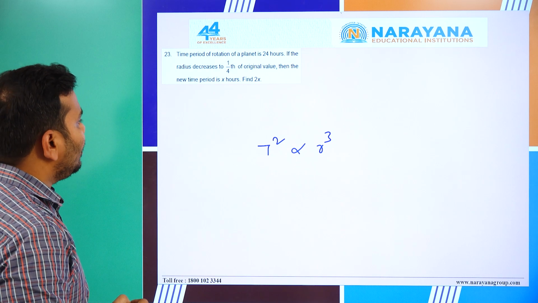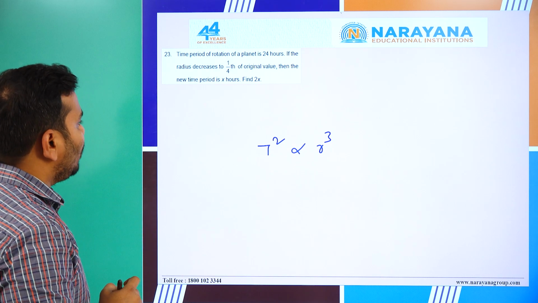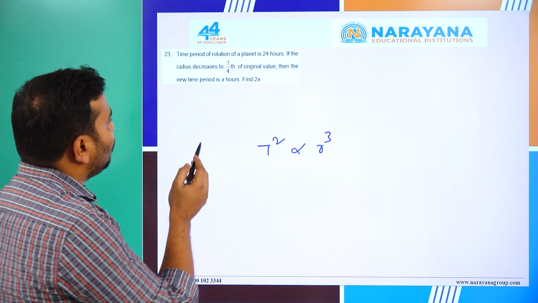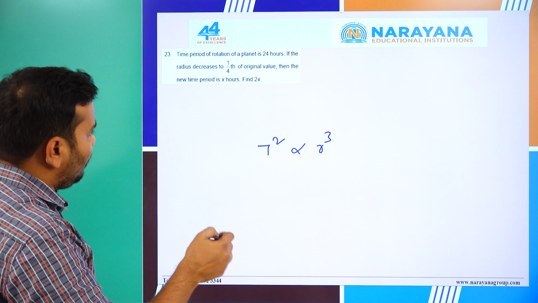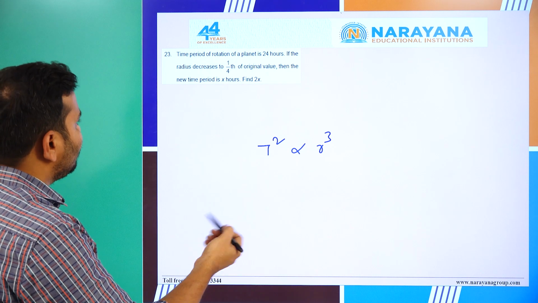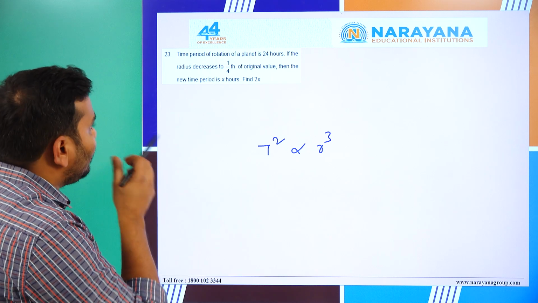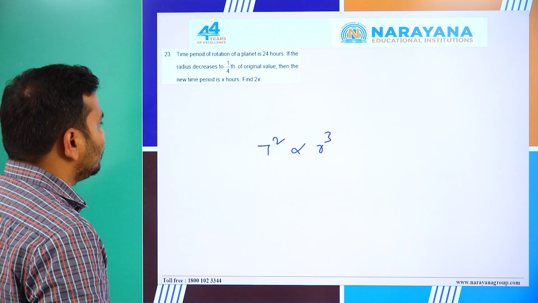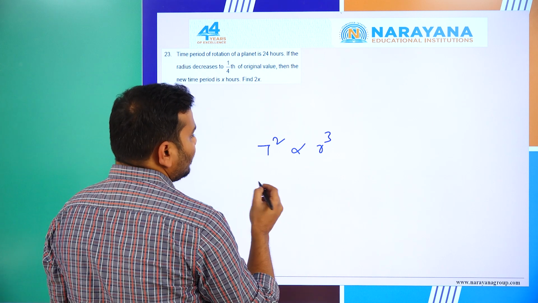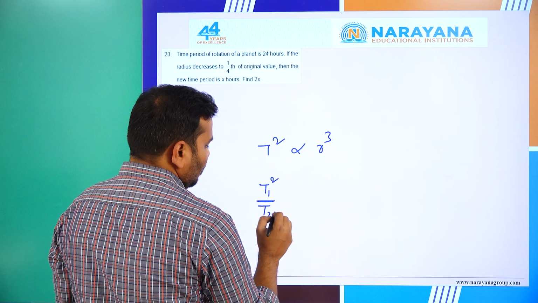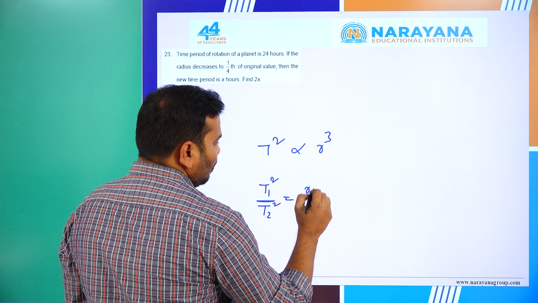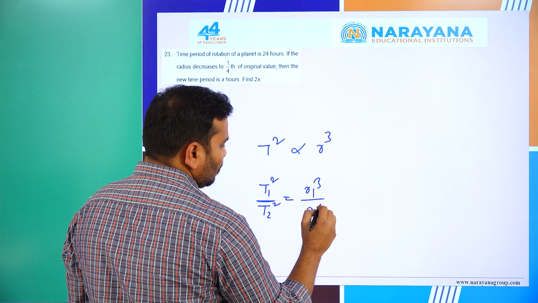In one case the time period of rotation of the planet is 24 hours, and in the other case the radius is reduced to 1/4. So from this I can write T1 square by T2 square is equal to R1 cube by R2 cube.